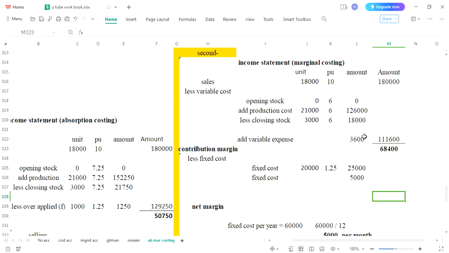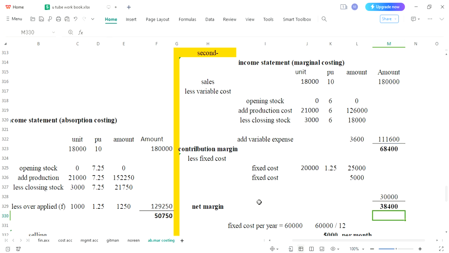Now we will calculate total fixed cost. Two elements are present over here, 25,000 and 5,000, which are similar to part 1, and it would be the same in parts 3 and 4 as well. 30,000 total fixed cost. It's time to calculate our net margin, which is the difference between fixed cost and contribution margin. Contribution margin 68,400, and you will subtract your fixed cost 30,000 in this way.